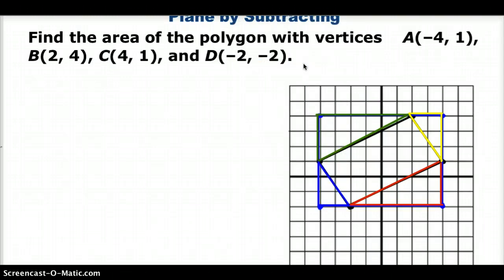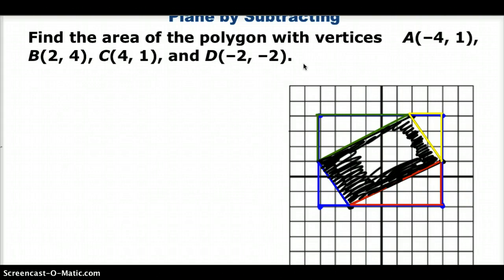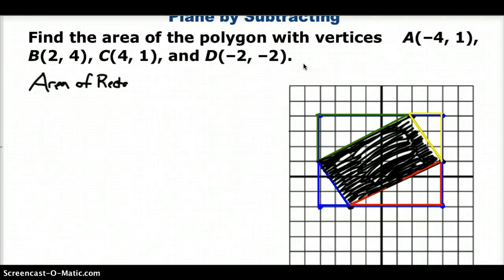Basically I can figure out the area of this inside part if I find the area of the entire blue box that we did to start, and subtract the green triangle, the red triangle, the blue triangle, and the yellow triangle. This is what we're trying to figure out. So I'm going to say the area of what I think is a rectangle.